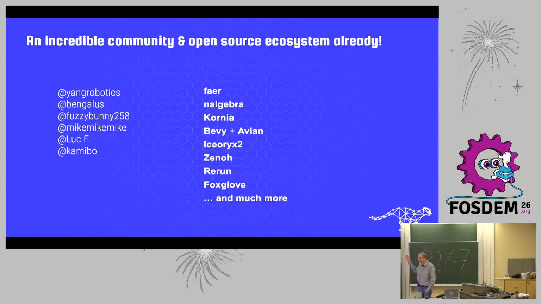I would like to thank the amazing community. I have a bunch of contributors now on Copper, and we are moving forward a lot. We integrate middleware like Zenoh or iceoryx. We integrate with CV algorithms like Kornia.